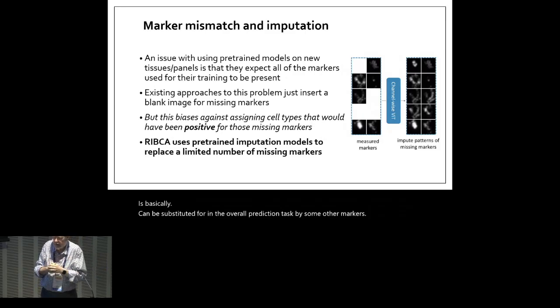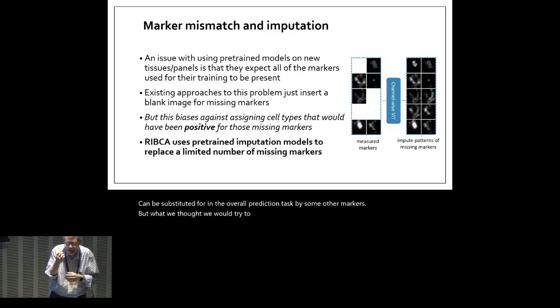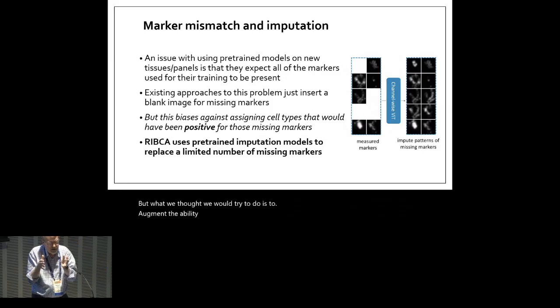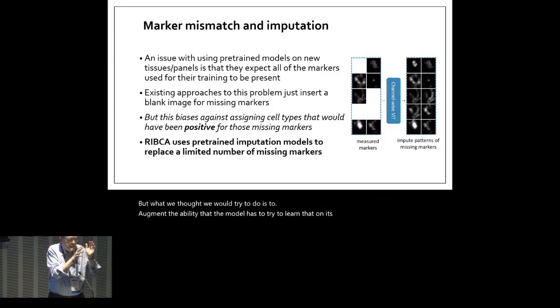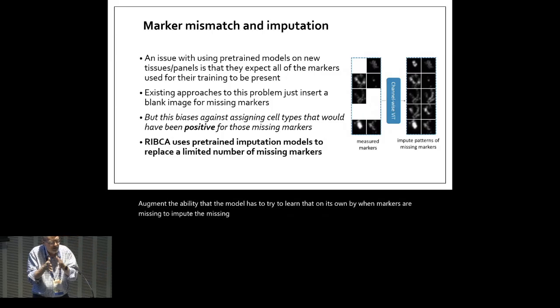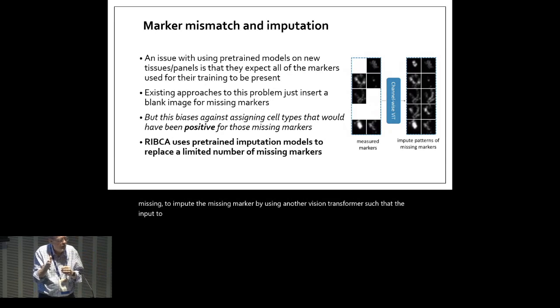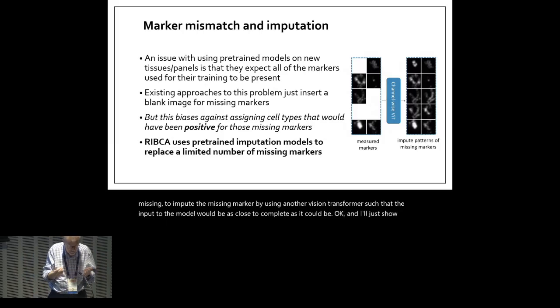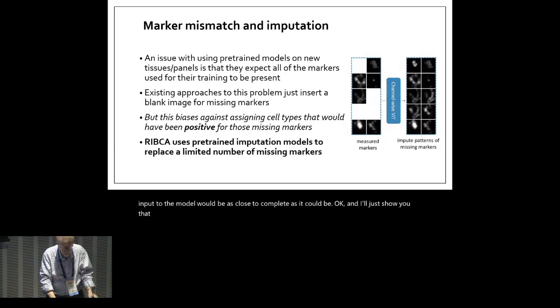But what we thought we would try to do is to augment the ability that the model has to try to learn that on its own by, when markers are missing, to impute the missing marker by using another vision transformer, such that the input to the model would be as close to complete as it could be, okay? And I'll just show you that approach works.